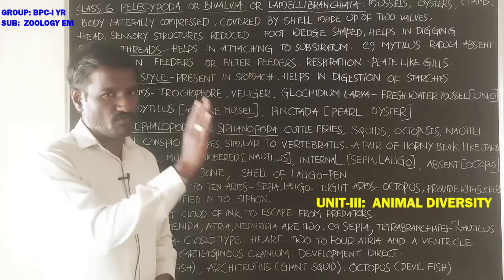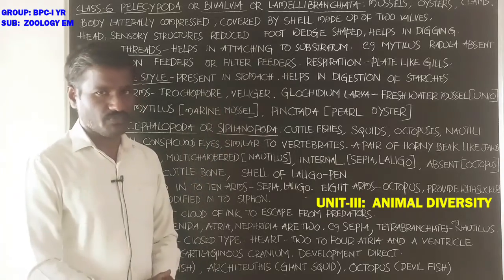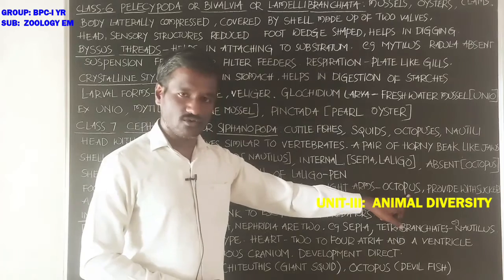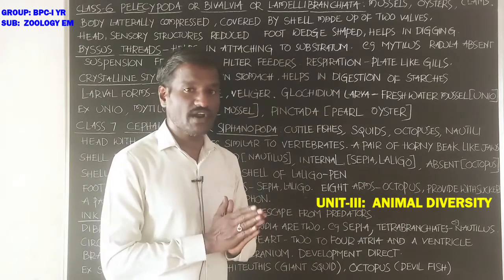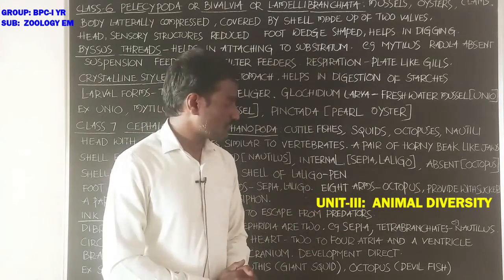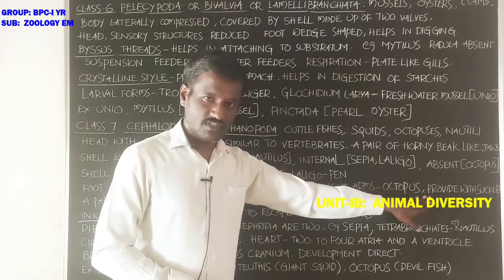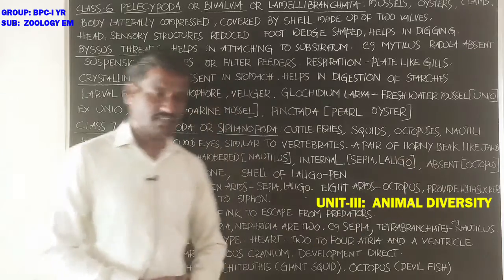Foot in octopus is modified into 8 arms. These arms are also provided with suckers.